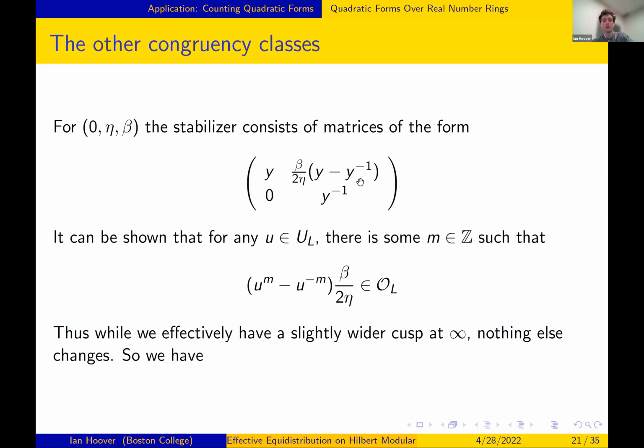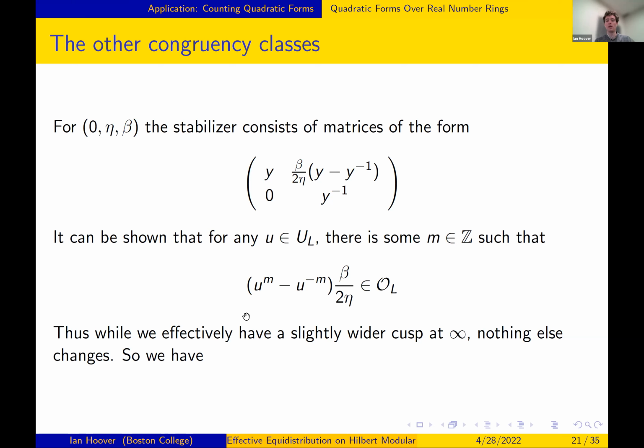You have this other term, but we can show that the way it intersects the lattice is going to be the same. It's going to be a rank n-1 free multiplicative Z module, and instead of being generated by the units, it would be generated by some power of the unit. So instead of a cusp, you're looking at a slightly wider cusp, potentially.